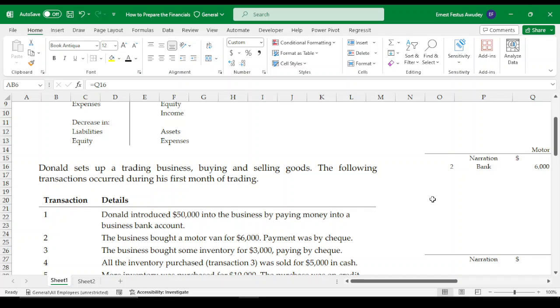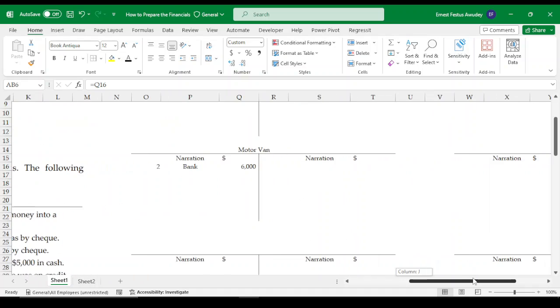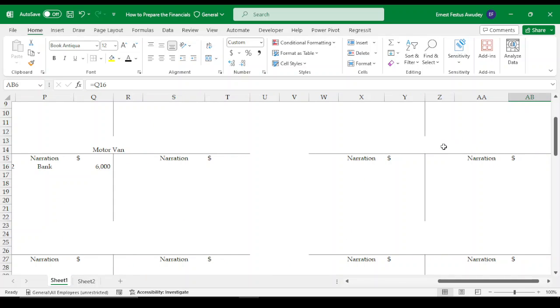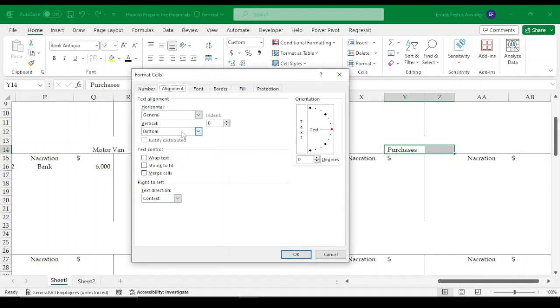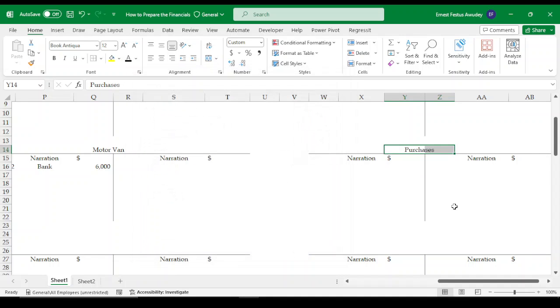As simple as that. So I'll come here and open another account and name it purchases account. As I said, I'm not going to be adding the account, so let me do my formatting quickly. Center across selection, and then I'll hit OK.